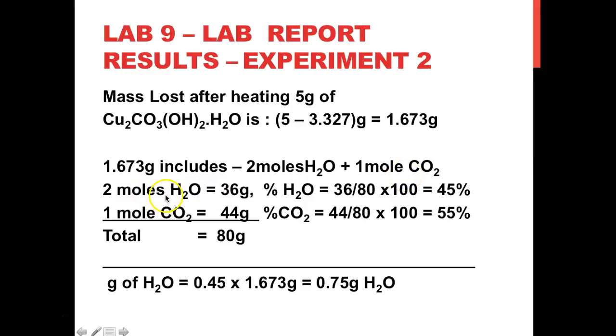So these 2 moles of water is 36 grams because each mole of water is 18 grams. 1 mole of carbon dioxide is 44 grams, a total of 80. So 36 divided by 80 times 100 is 45%. 45% of 1.673 grams is 0.75 grams of water.